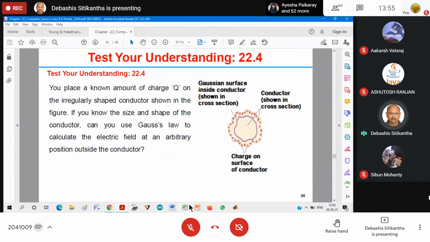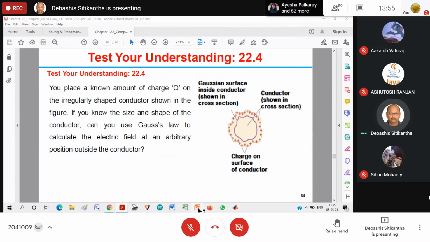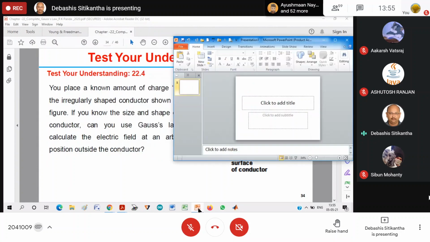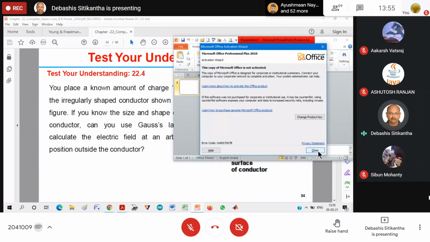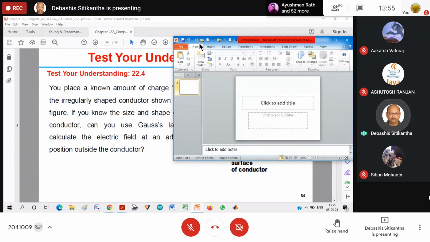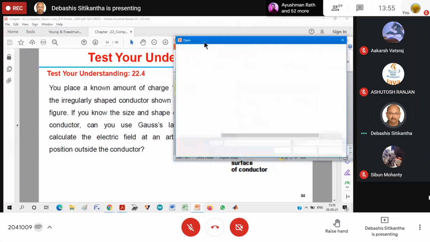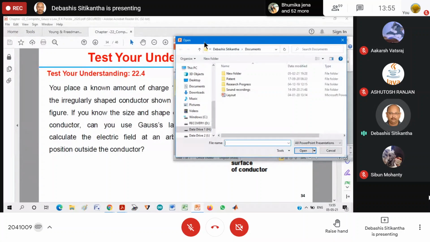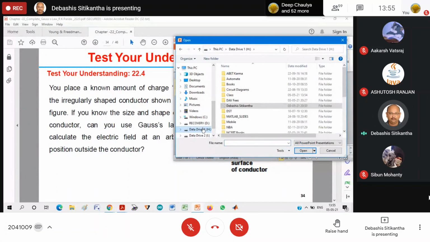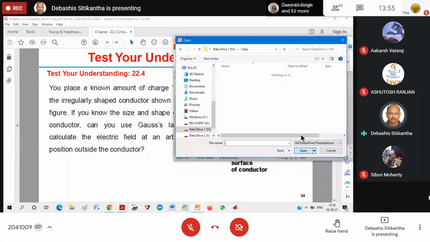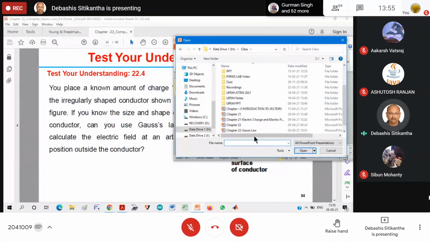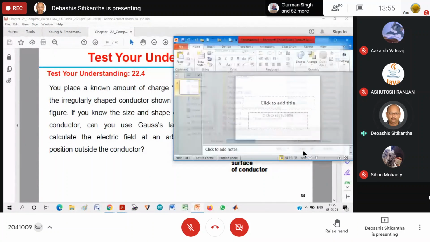And as I told you, Gauss law makes use of the symmetry in order to calculate it, and here symmetry doesn't exist at all. Why? Because this is an irregular surface, and in case of an irregular surface, you cannot maintain symmetry. So how are you going to apply this Gauss law? It is not possible. Got it?